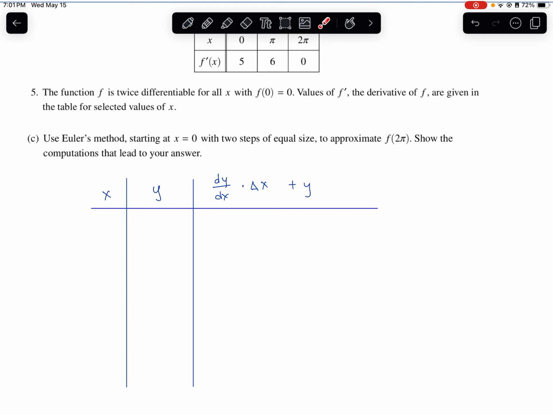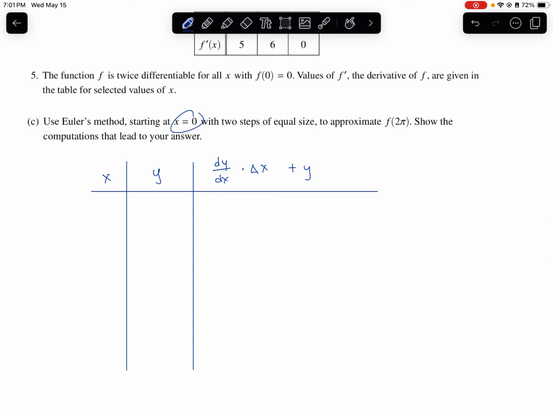Might not be the best notation. So starting at x equals 0, we're trying to approximate 2 pi, so that's going to be our end x value with two steps of equal size. To get from there to there in equal steps, the next step would have to be pi.